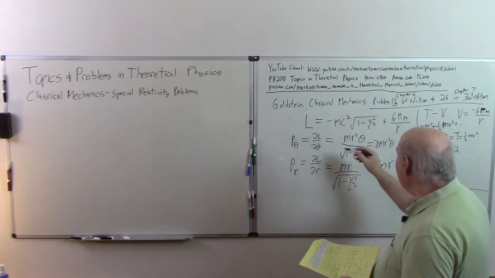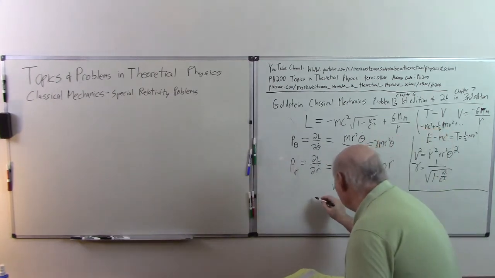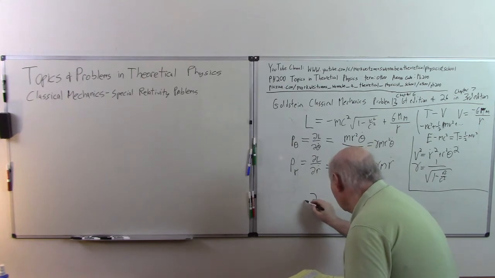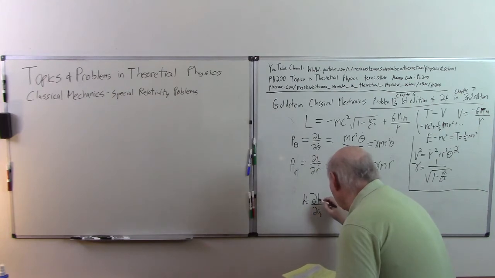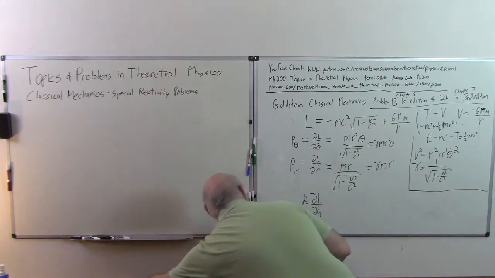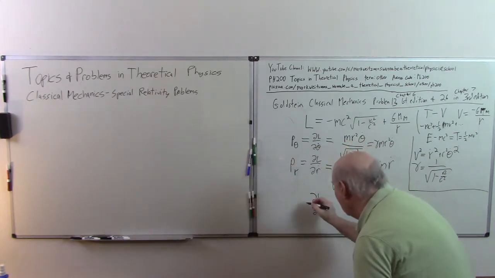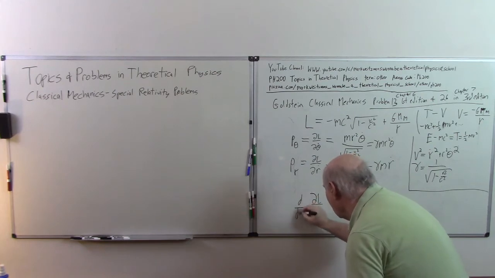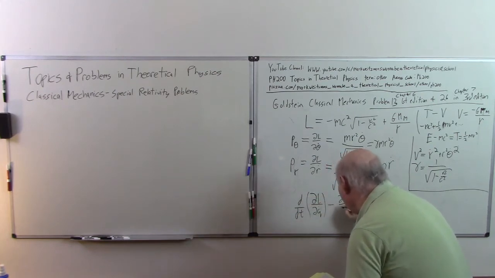So the usual Lagrange equations of motion are d/dt of the partial of L with respect to q dot, minus the partial of L with respect to q, equals 0.